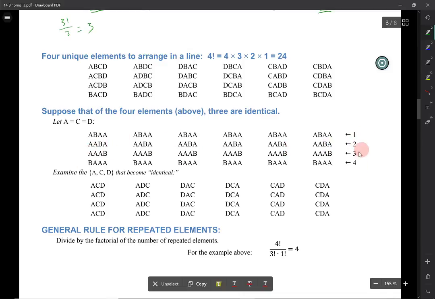So really, we're only left with 4 different ones. So what has actually been made identical?